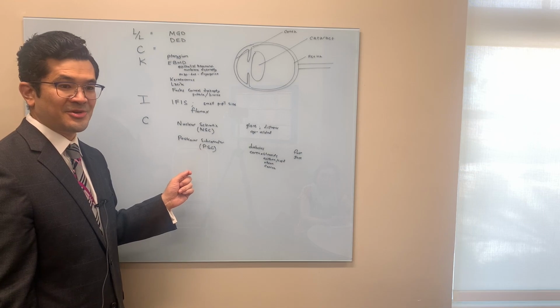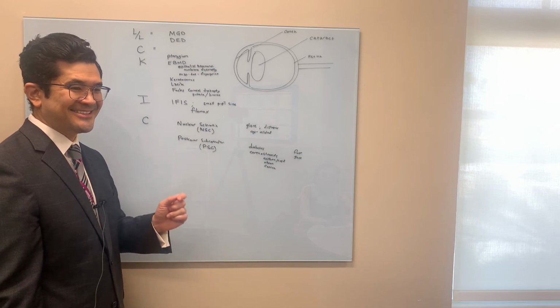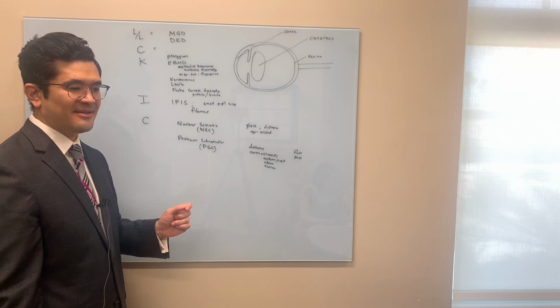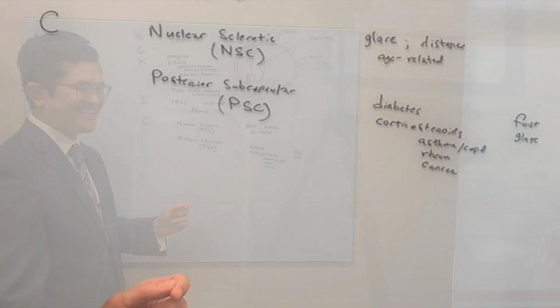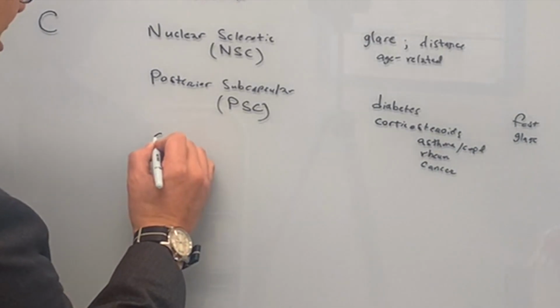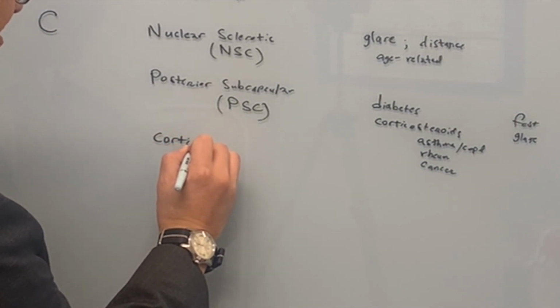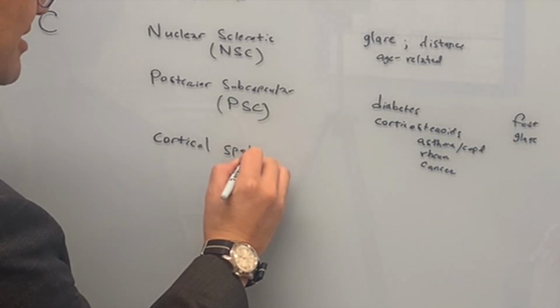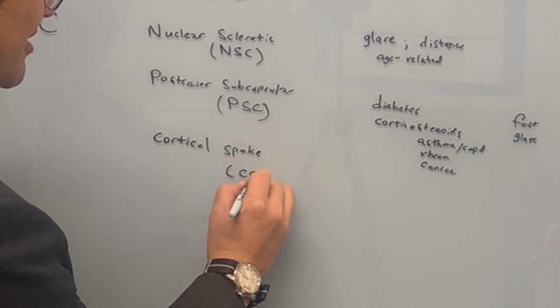Next type, do you know a common one? We're going to go to the cortical cataract, or the cortical spoke. That's another word for it. I'll try to put a picture of that here.